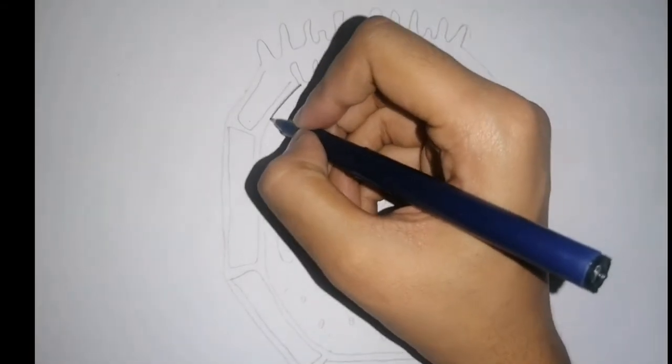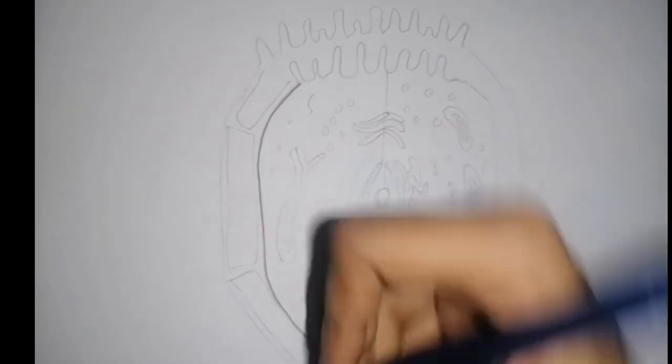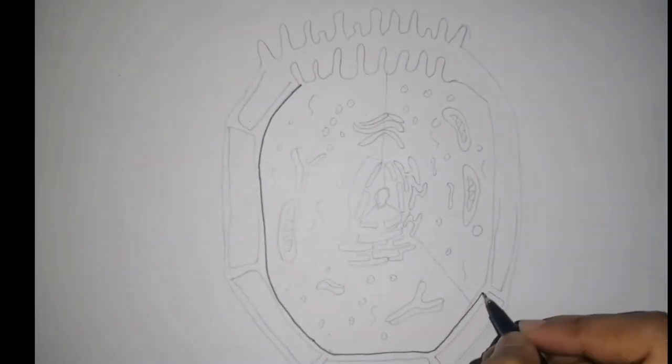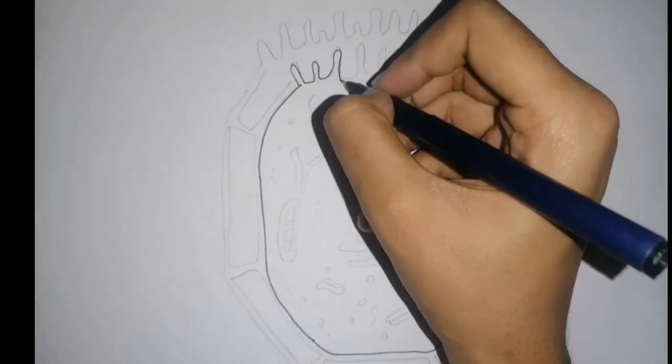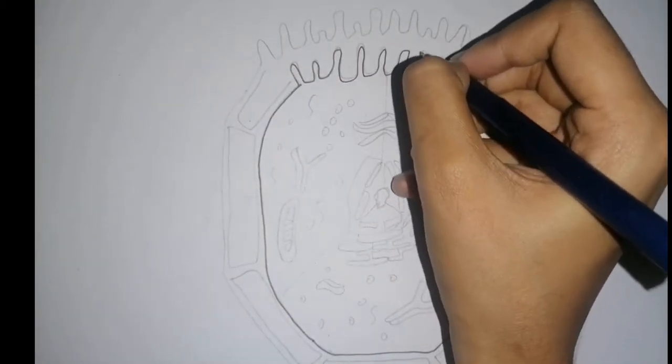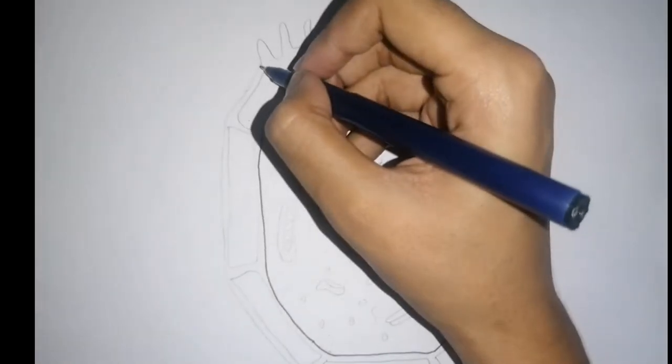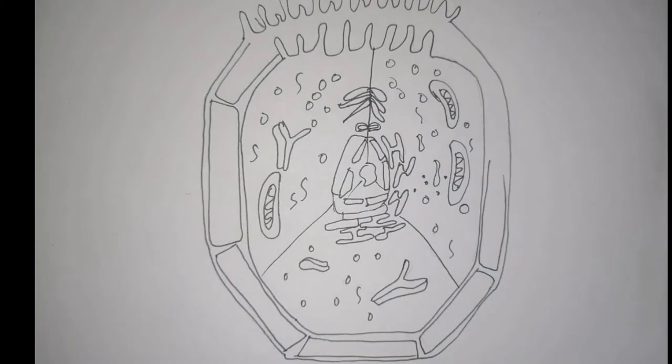I'm done with animal cell and now let's outline it with black pen. So our outlining is also done. Now let's label animal cell as well.